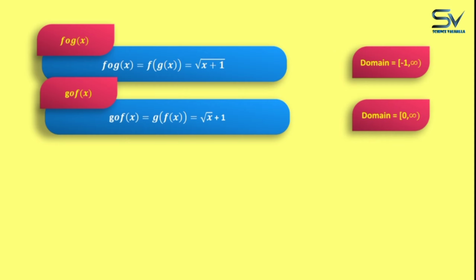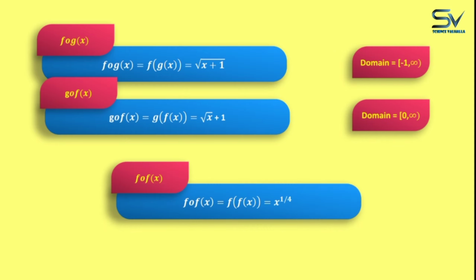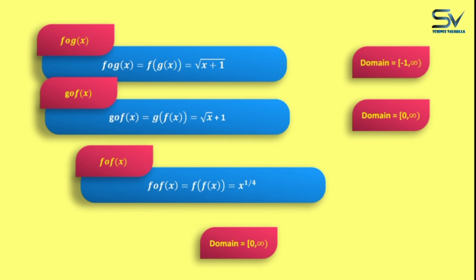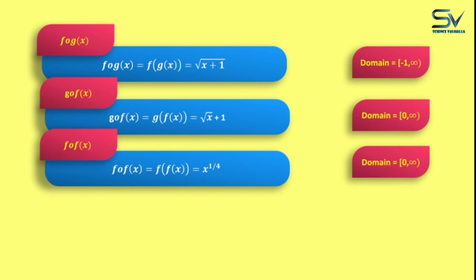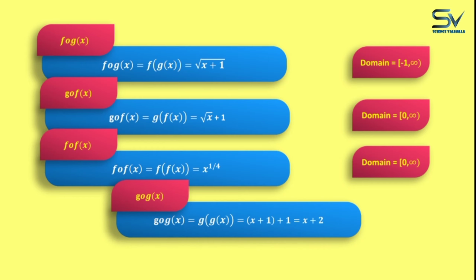Furthermore, we can substitute the f function into the f function itself. As a result, there is a third new composite function. Similarly, we can substitute the g function into the g function as well, and we have the fourth new composite function.